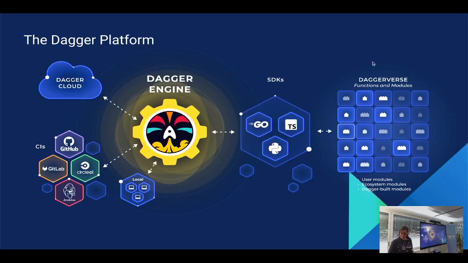So, luckily, the Dagger platform utilizes all of those things. And Dagger understands itself as a DevOps operating system. You can already see that it utilizes a lot of different pieces, which are fundamental objects of CI.